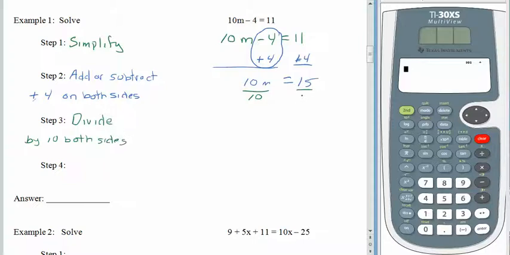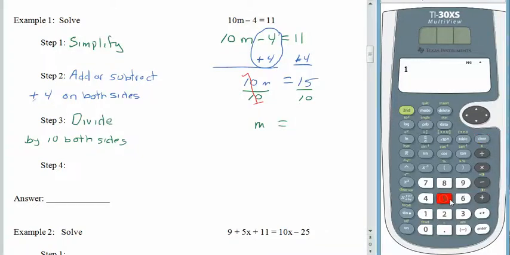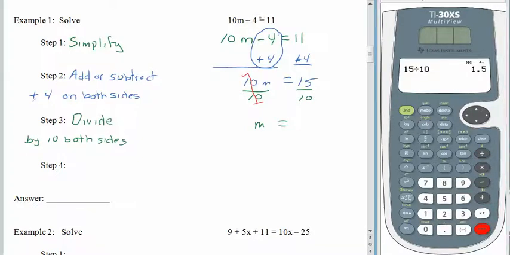Even though you know in advance that 10m divided by 10 will give you an m all by itself, write it down. If you only do it halfway, you're going to confuse yourself with what you see as compared to what you're thinking. 15 divided by 10, well, we should be able to do this in our heads, but just in case, divided by 10. Double check your mental math and make sure that your brain came up with 1.5 also.